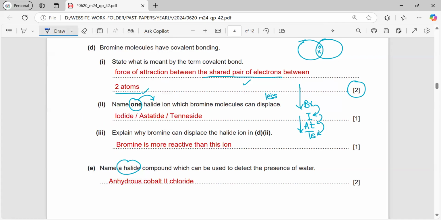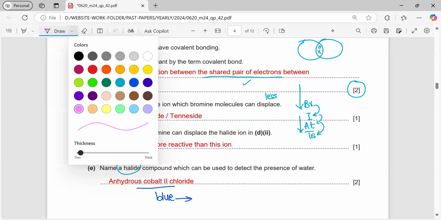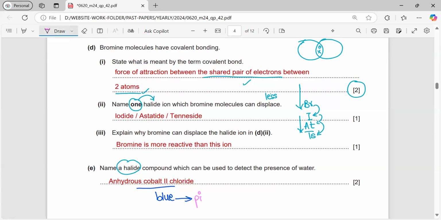So anhydrous cobalt chloride paper is blue in color, and in the presence of water, it turns into pink. This is a test for water. So remember, anhydrous cobalt chloride. And this question is of 2 marks. So 1 mark is for writing anhydrous. Second mark is for writing cobalt chloride.